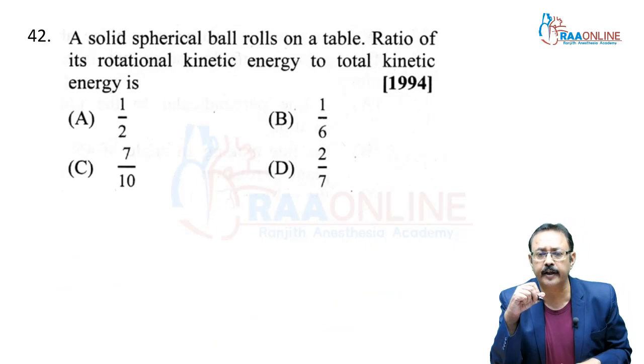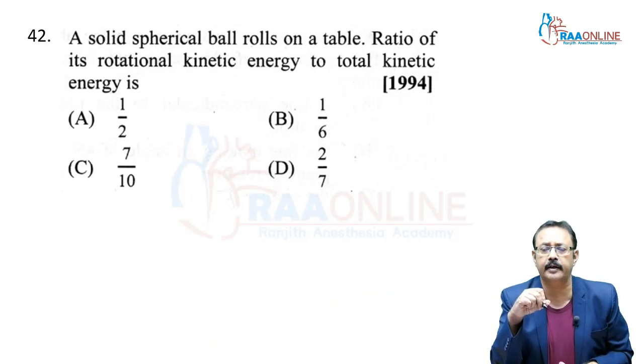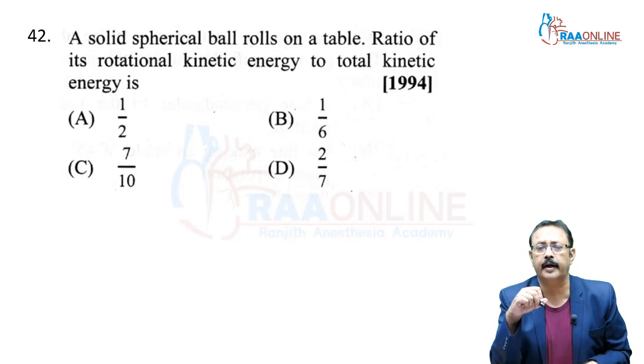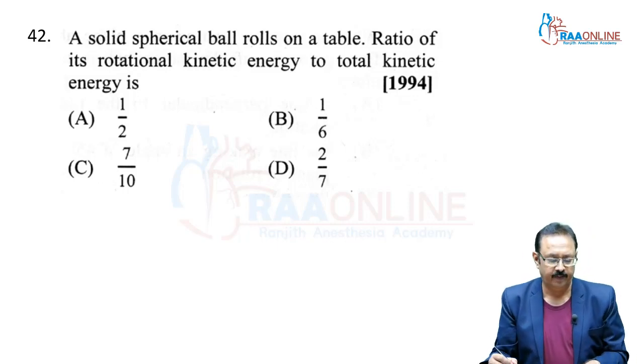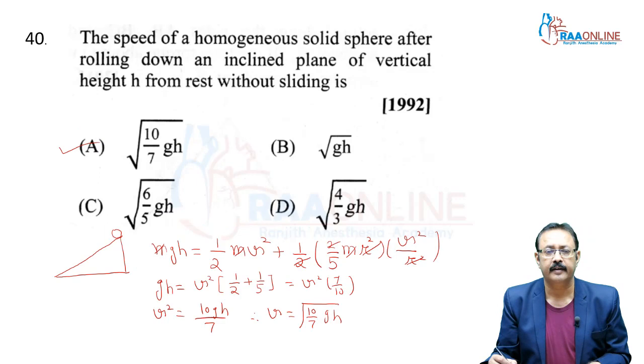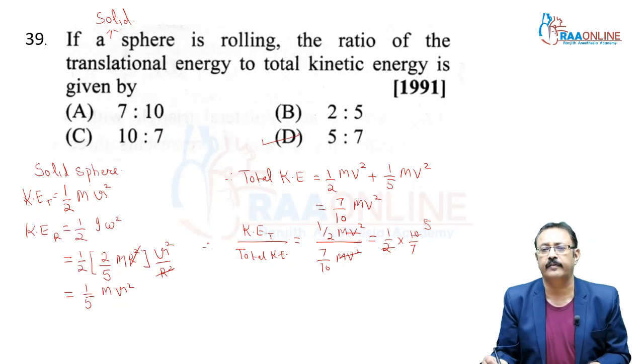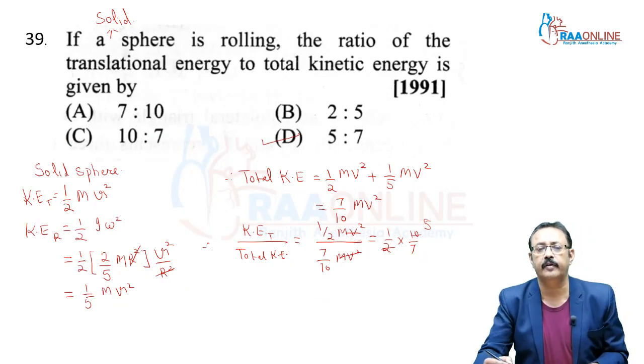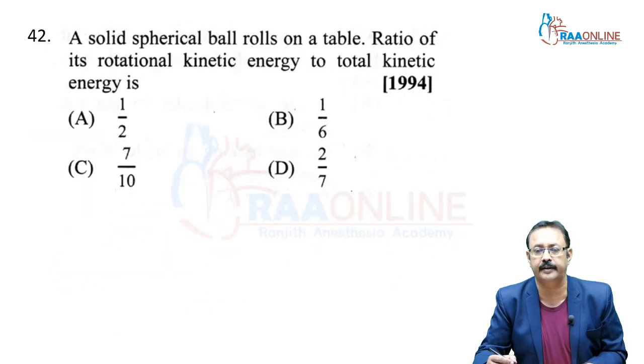A solid spherical ball rolls on a table. Ratio of its rotational kinetic energy to total kinetic energy. For solid sphere, we just solve the ratio, here we take calculation with translational kinetic energy.